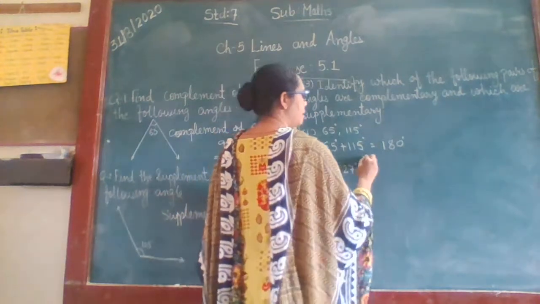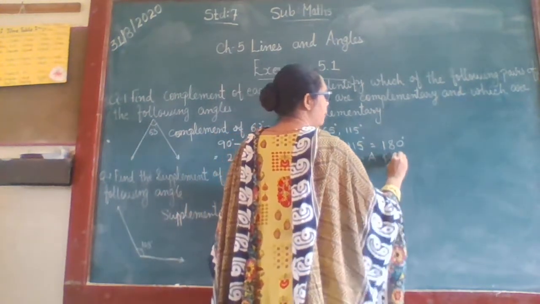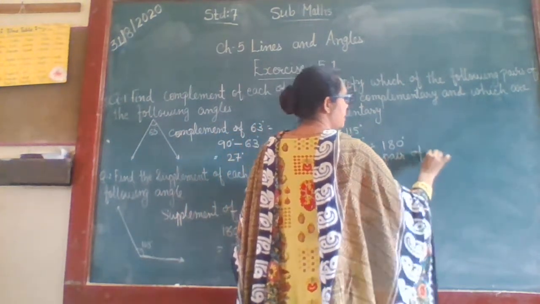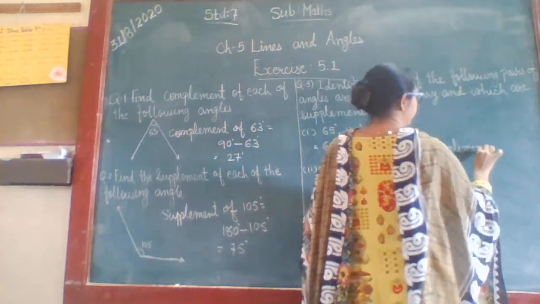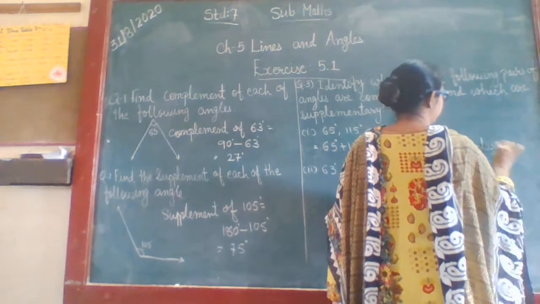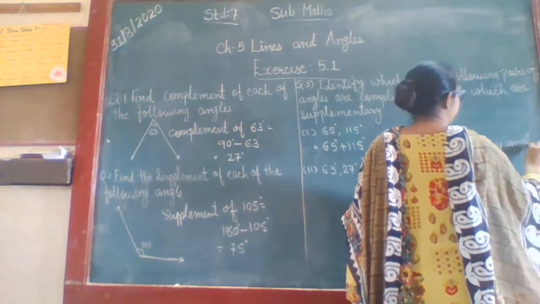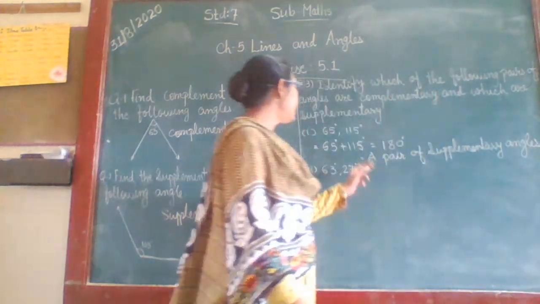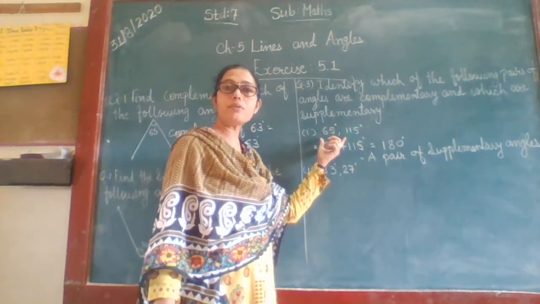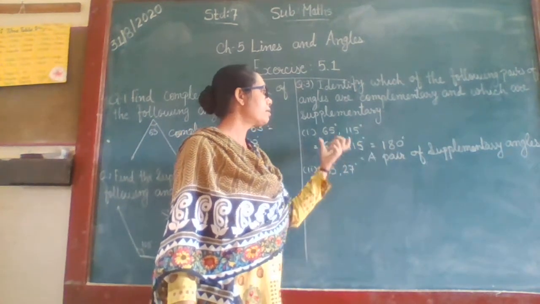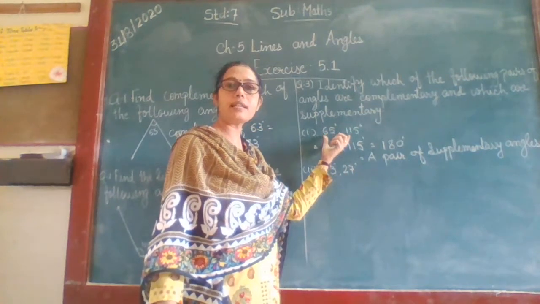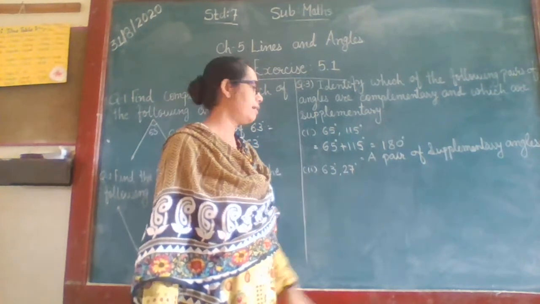Means 65 degrees and 115 degrees are a pair of supplementary angles. Because we know that if the sum of measures of two angles is 180 degrees, the pair of angles are called supplementary angles.